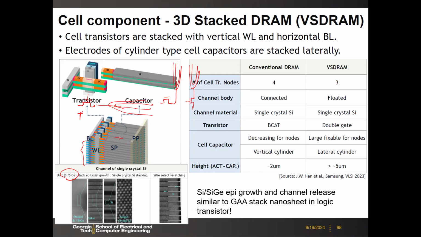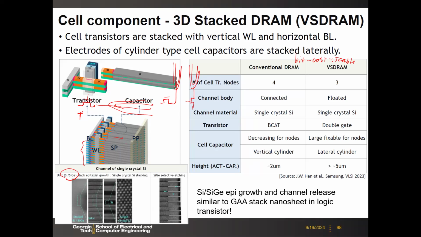I wish I could talk about the 3D NAND flash lecture first, because this principle really is learned from the 3D NAND process. The key idea is that we have to make it bit cost scalable. What is bit cost scalable? This concept was introduced for 3D NAND, but it applies here.